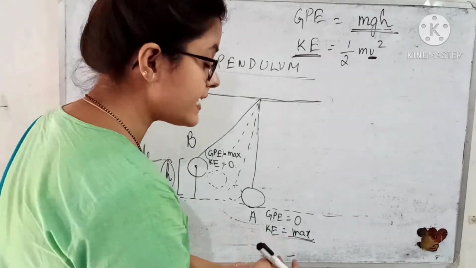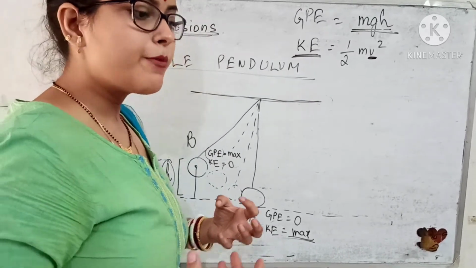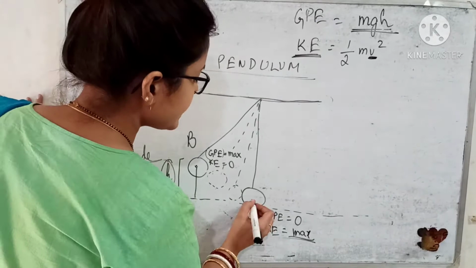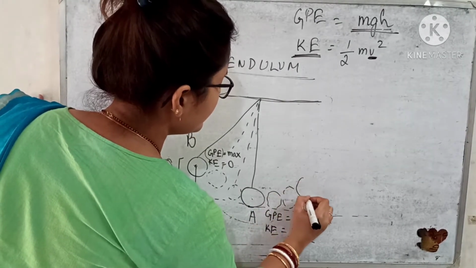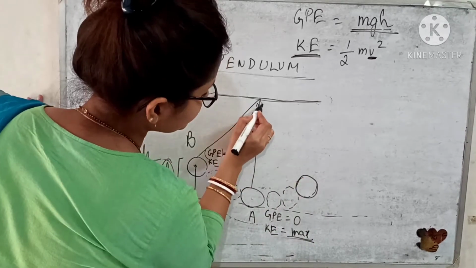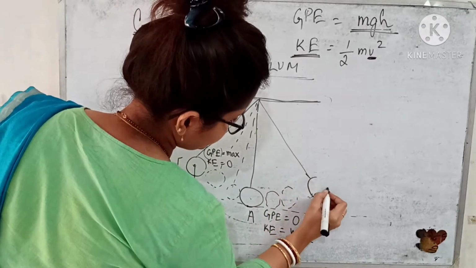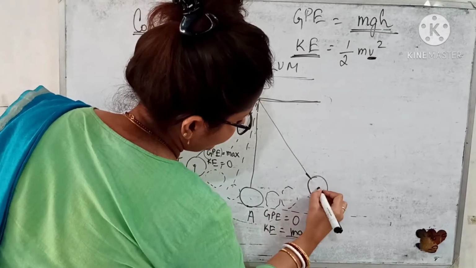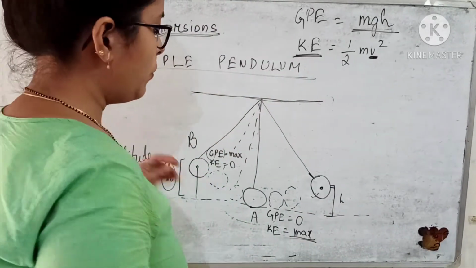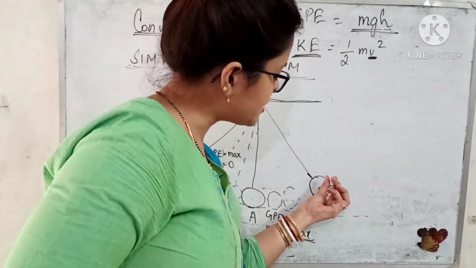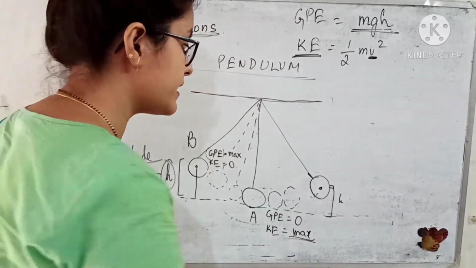Now, since it has kinetic energy, the energy possessed by a moving body, it will continue to move. So what happens? It again moves to this position. When it starts moving to this position, it shows a decrease in its speed.